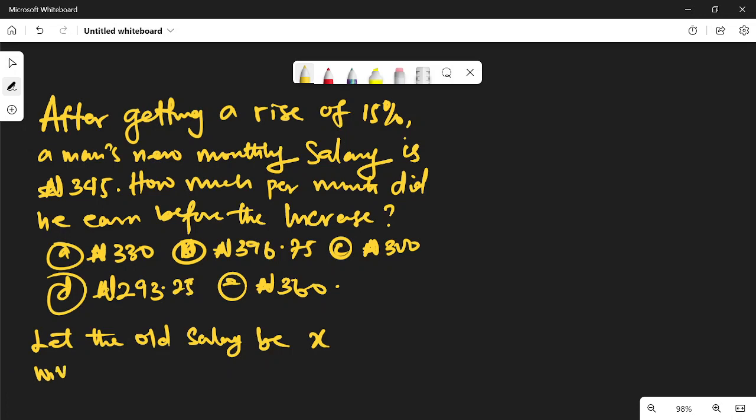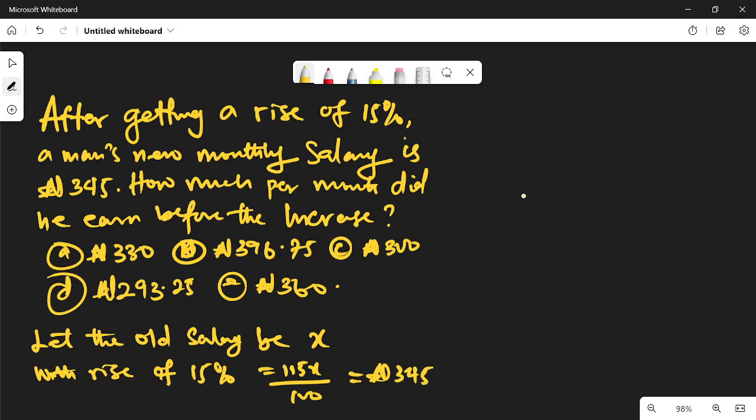So with a rise of 15%, you have that 115x all over 100 is now equal to 345 naira.